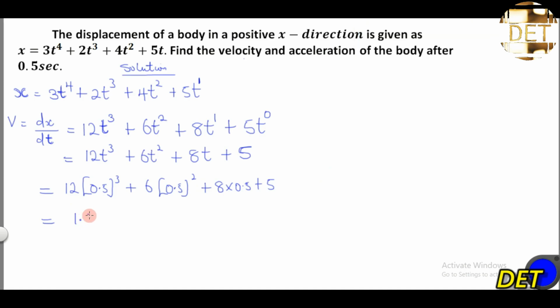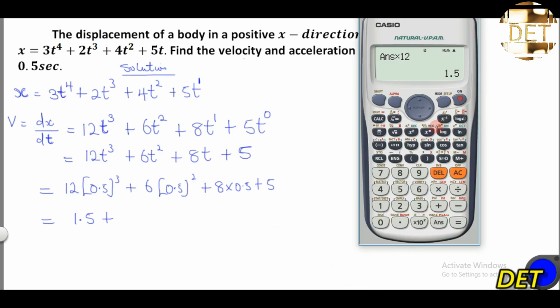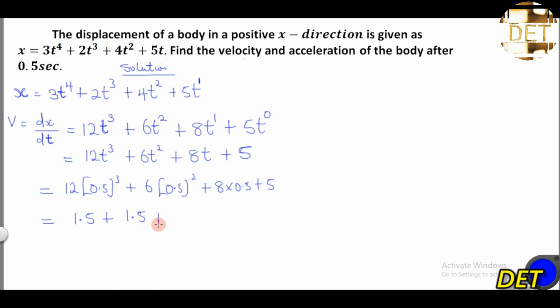So this is 1.5 plus 0.5 raised to the power of 2 will give us what? 0.5 raised to the power of 2 is equal to 0.25, times 6 will be equal to 1.5. So that will be plus 1.5 plus 8 times 0.5 will give us 4 plus what?